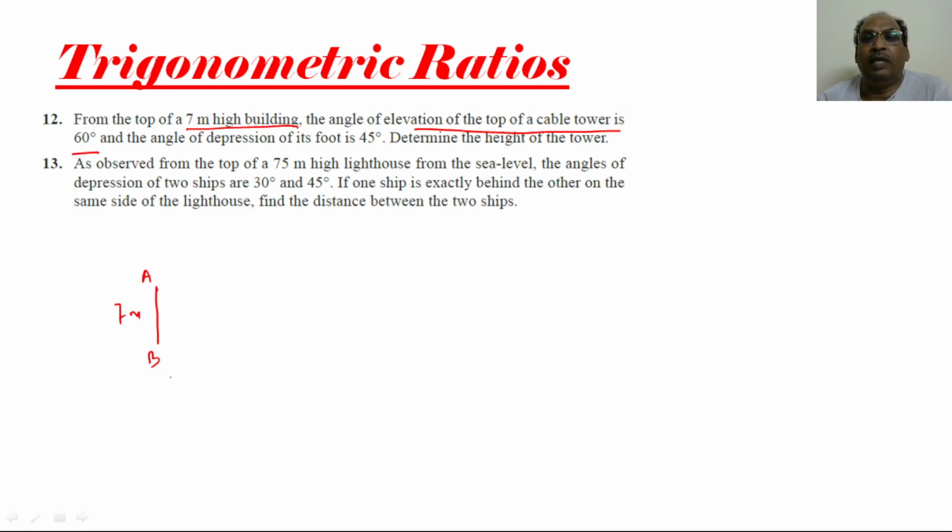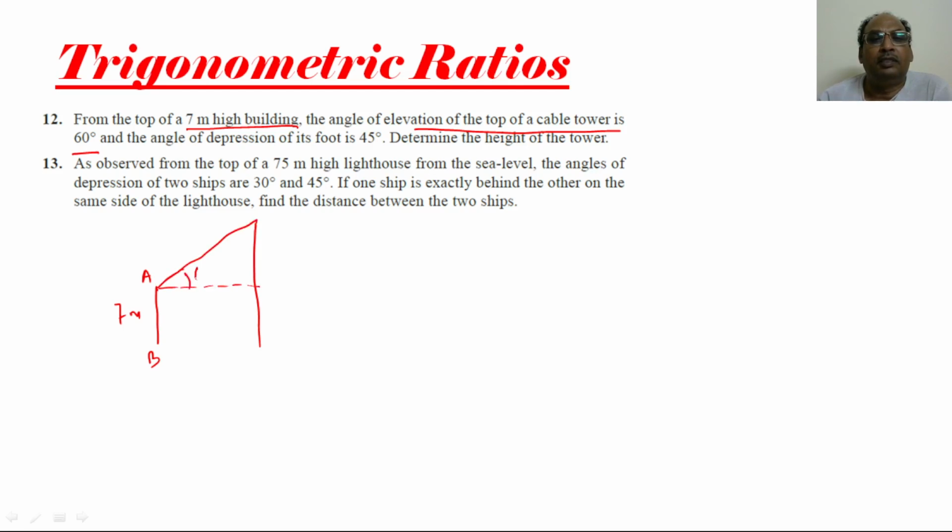The angle of elevation of the top of a cable tower from the top of the building. So some cable tower is there, and this is there.